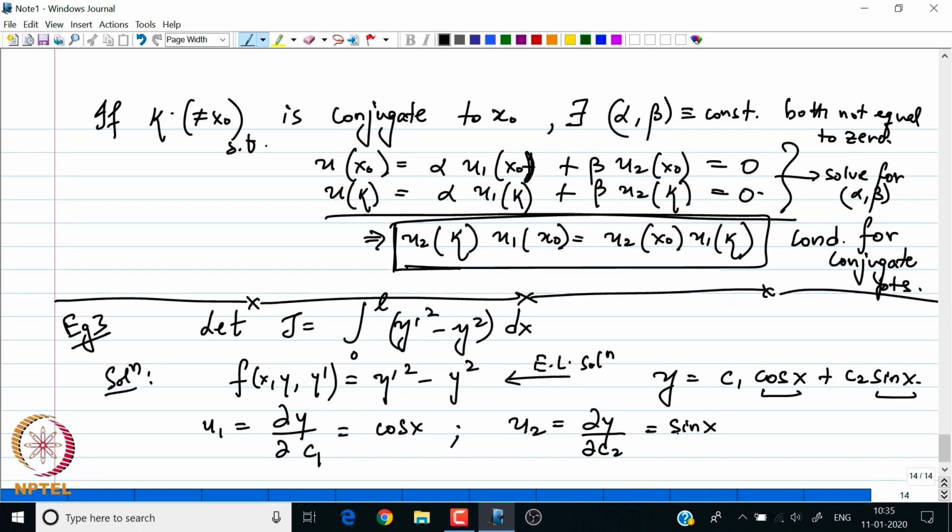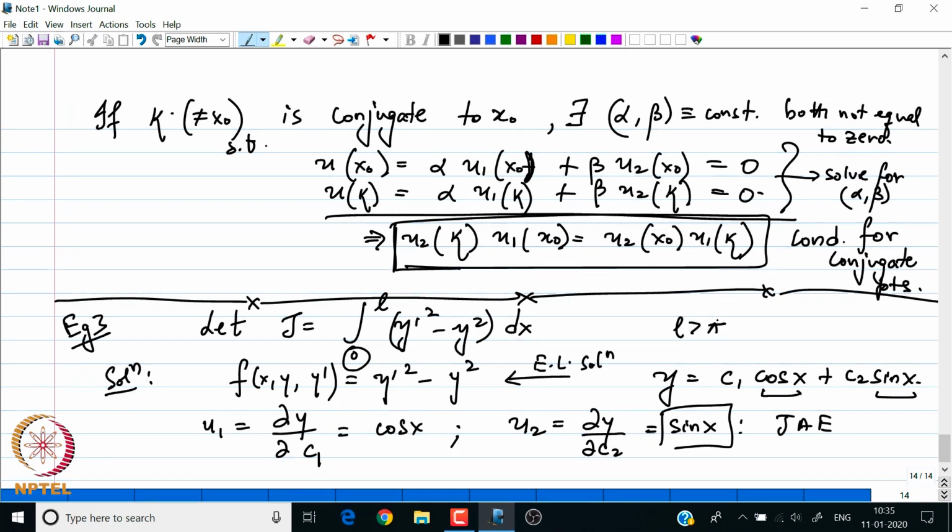So, my two solutions for the Jacobi accessory equation are these. So, let us look at one of the solutions here, the sin of x. Note that sin of x certainly vanishes at one endpoint 0, and it also vanishes at another point pi, and let us also assume that L is greater than pi.